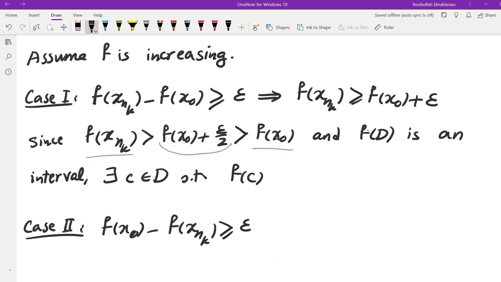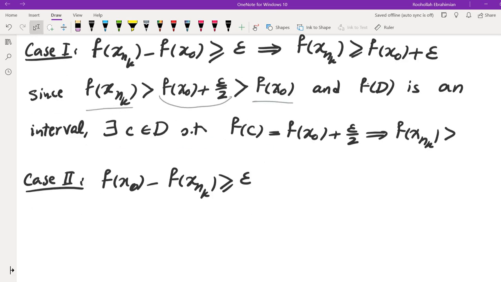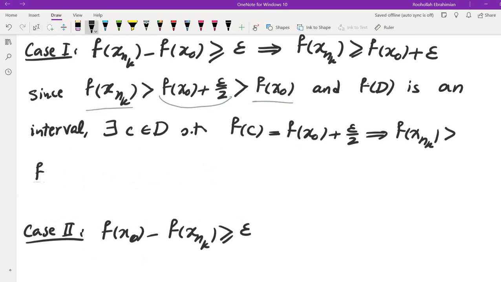So there's some c in D such that f of c is equal to f of x naught plus epsilon over 2. But that means f of xnk is greater than f of c, which is greater than f of x naught, which means xnk is greater than c, which is greater than x naught.